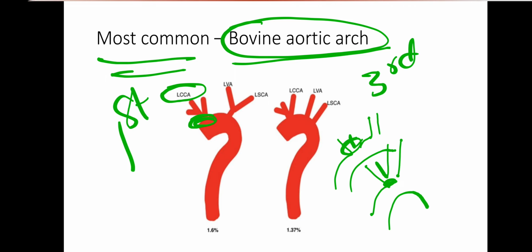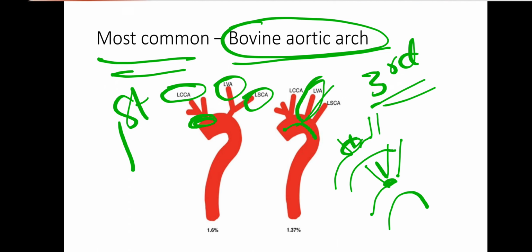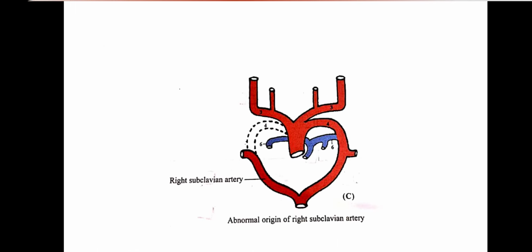The third most common variation observed is the left vertebral artery. The vertebral artery usually arises from the left subclavian artery, but if the left vertebral artery has its origin from the aorta itself, that is a common variation, the third most common.